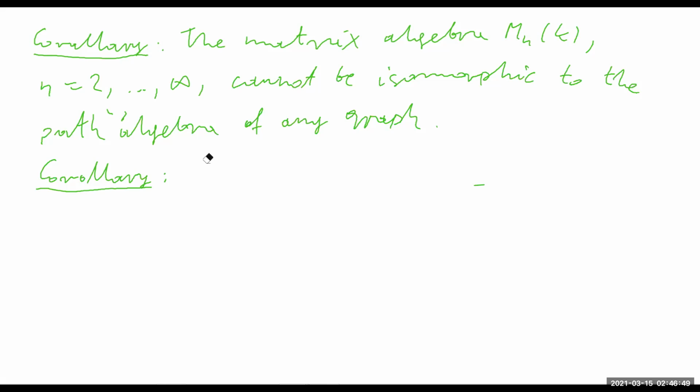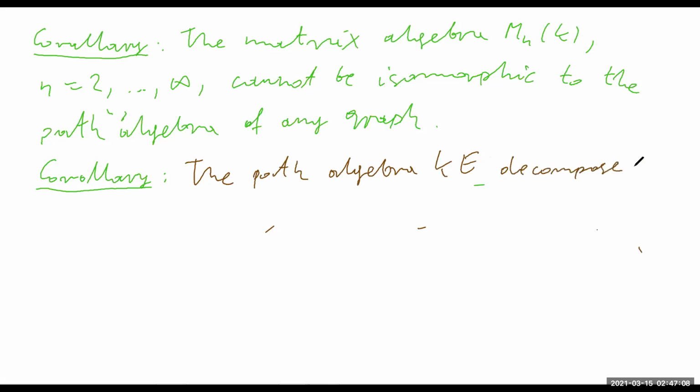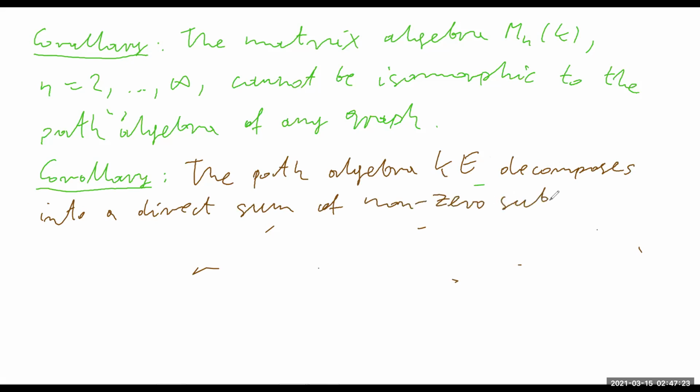The path algebra KE decomposes into a direct sum of non-zero subalgebras if and only if E is disconnected.